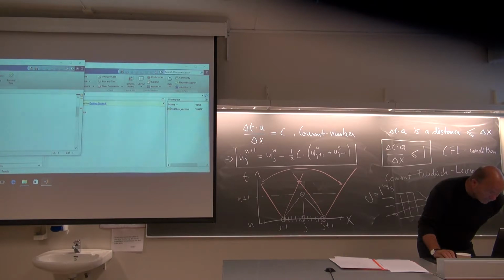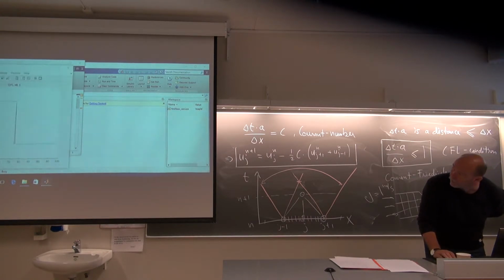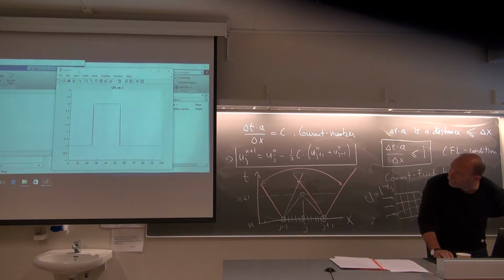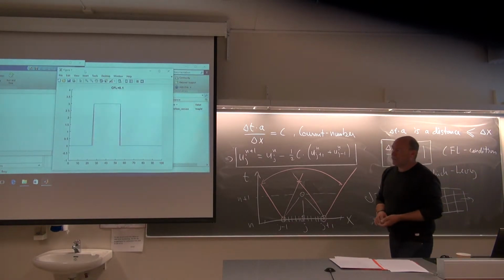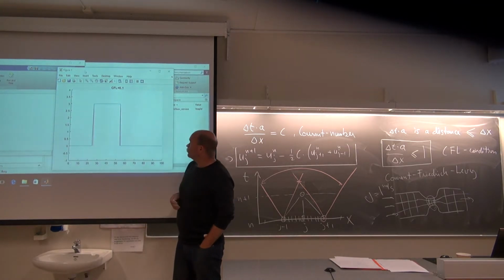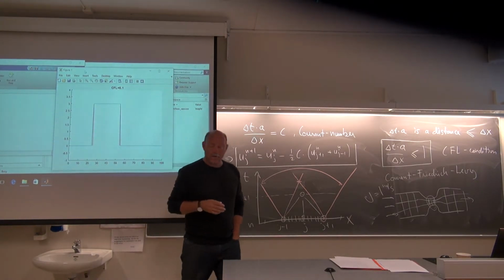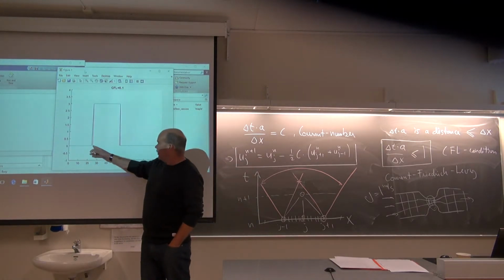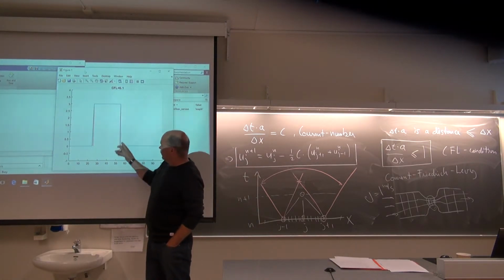So here is a small little demo program. Let's try to run it and see what happens. Change folder. There we go. So here I have a region in space, and I have initially a signal that is 0, except here is 3.